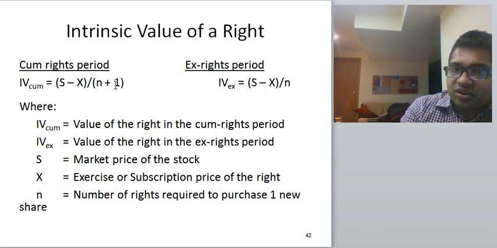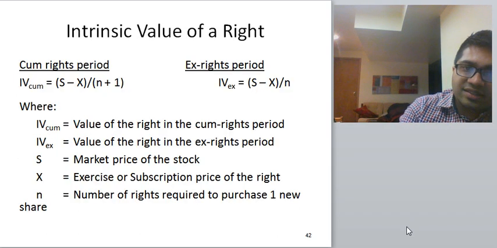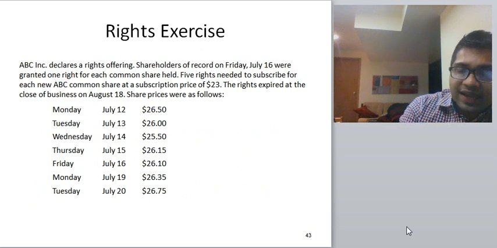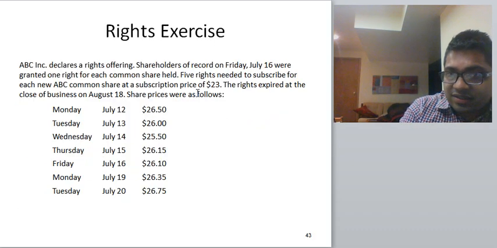The difference is in cum-right you divide by N plus 1, and in the ex-right period you divide by N. So (S minus X) divided by N plus 1 in cum-right, and (S minus X) divided by N in ex-right, where S is the market price and X is the exercise price. So the market price is these prices and X is the exercise price, that is 23. So it will be 26.50 minus 23 divided by N plus 1 because it's cum-right. And from 15th onwards it will be ex-right.